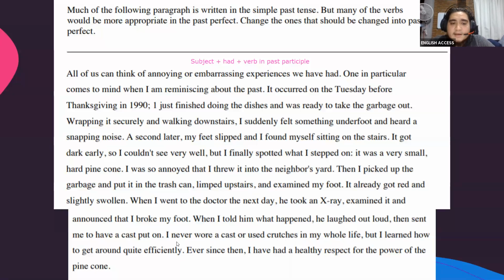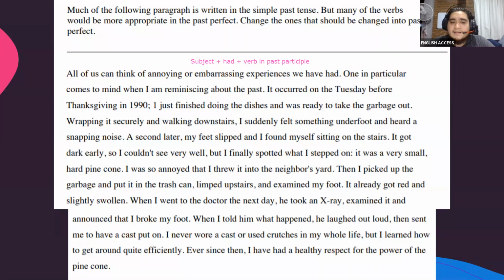What can be inferred from this sentence? He broke his foot, right? So we can infer that he was wearing a cast at that moment.